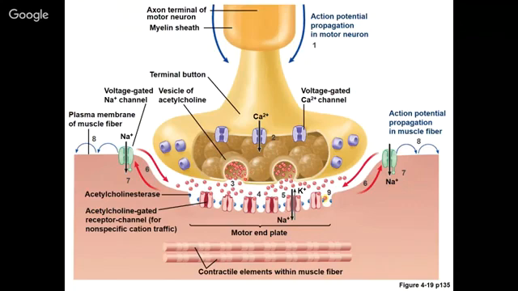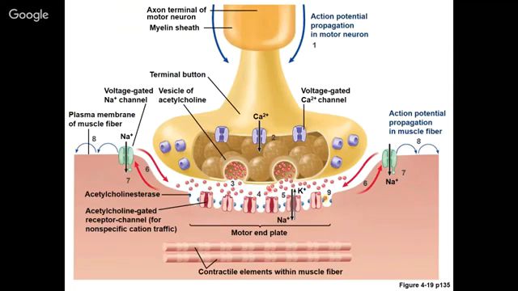So these little bubbles that hold the substance leave the terminal button, okay? So this releases a whole lot of this neurotransmitter substance, these molecules, which diffuse across the space separating this neuron and muscle cell.